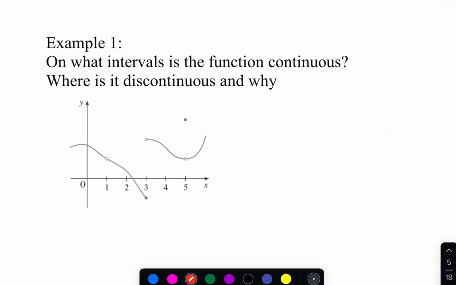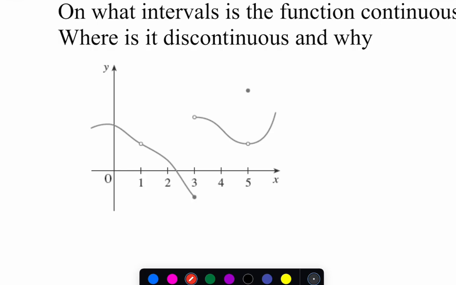So here, let's talk about on what intervals the function is continuous and why it is discontinuous. Let's talk about this section right here, and let's assume there's an arrow there, and there's an arrow there. From an x value of negative infinity until an x value of 1, it is continuous.